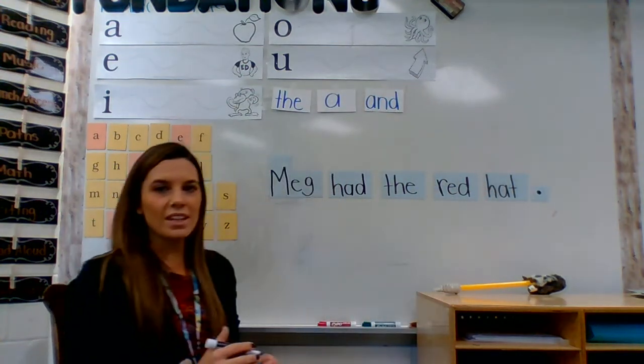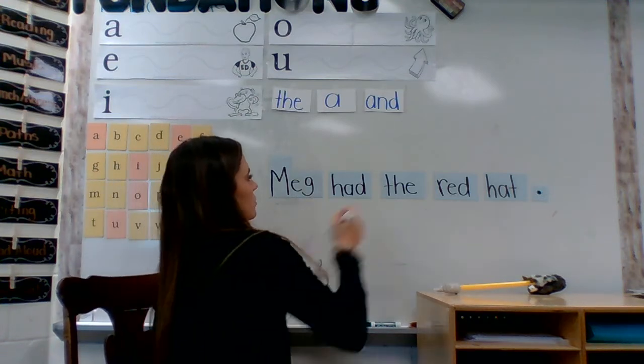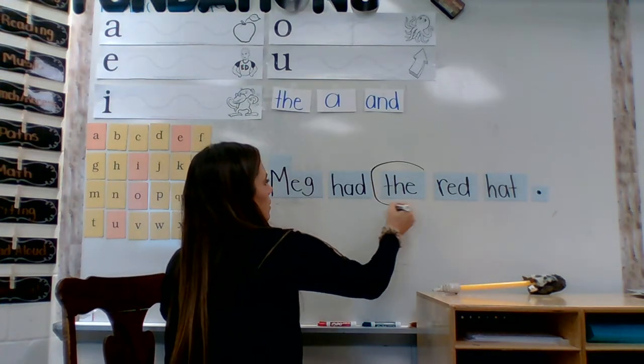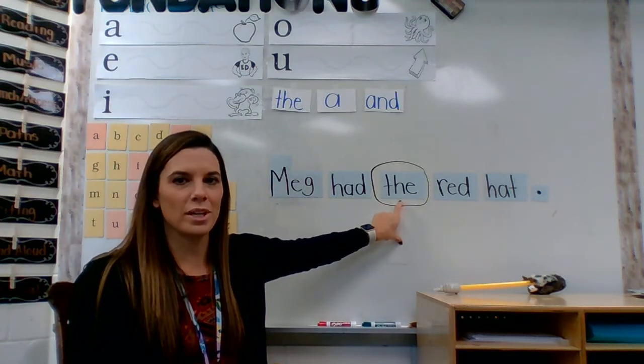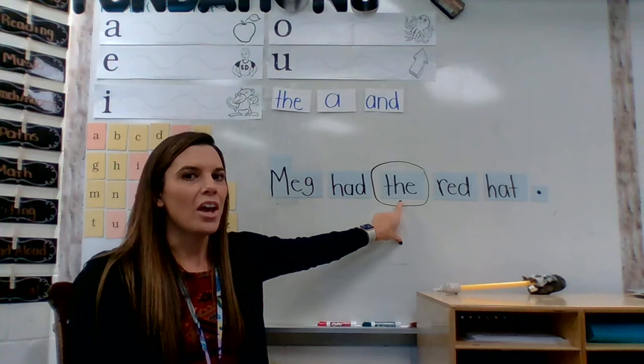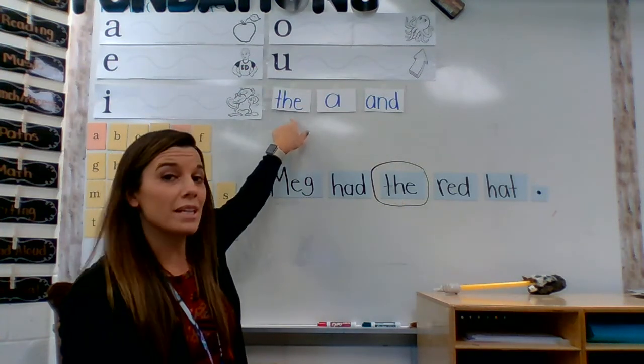Okay, so here I wrote my sentence. Now, I'm going to circle this word. Why do you think I circled that word? Why is that word important in this sentence? Hopefully you made the connection because this is one of our trick words that we're reviewing today, the.